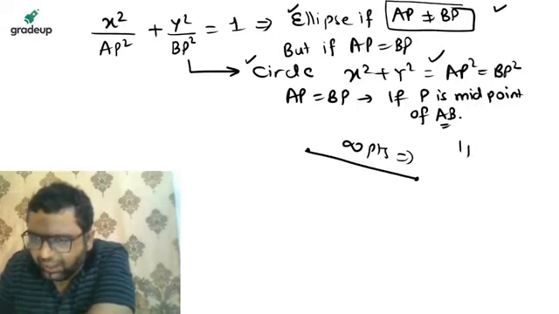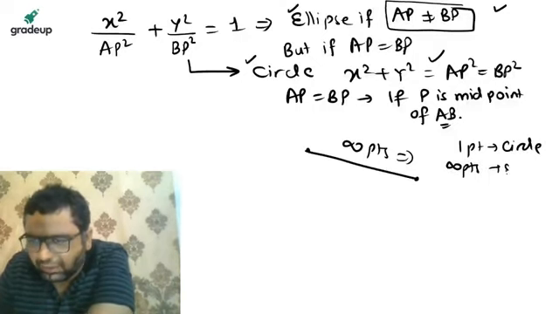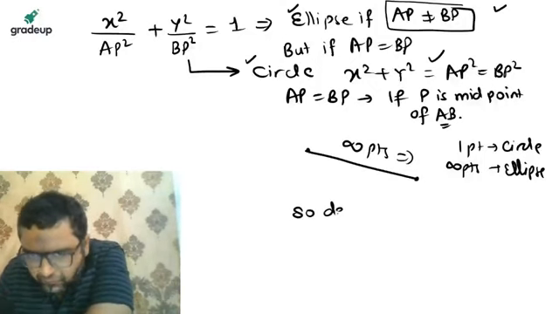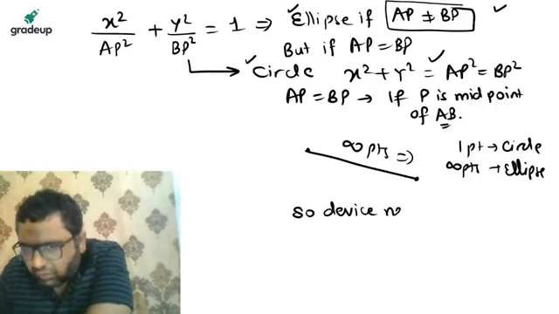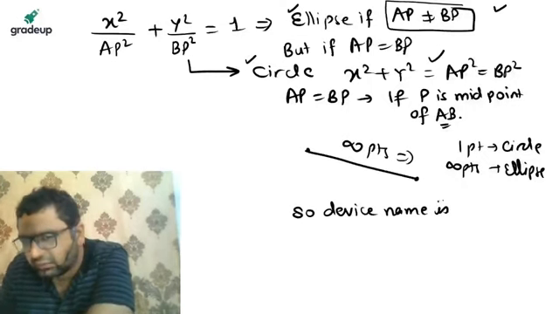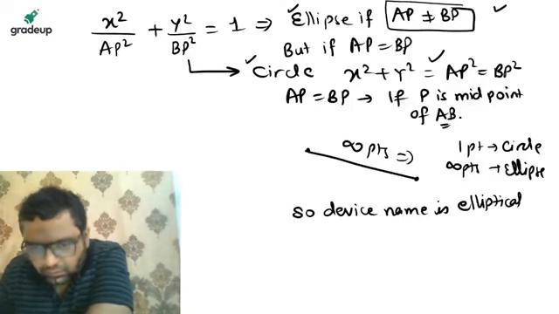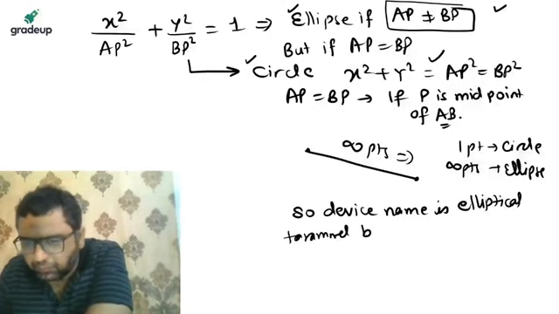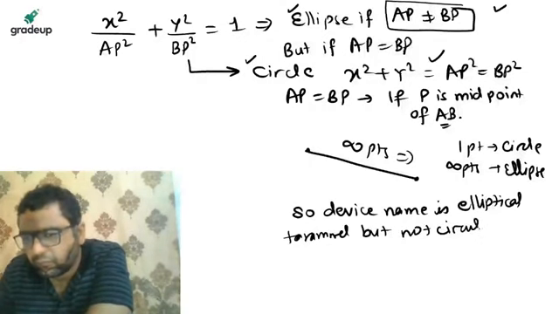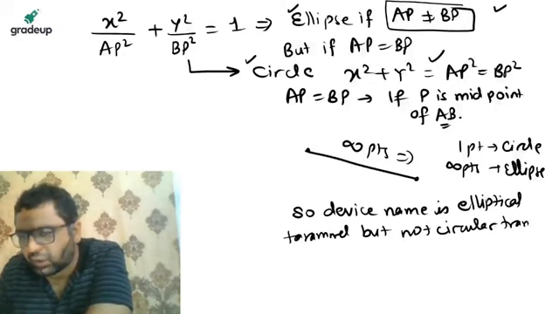Out of infinite points, one point is going to give you a circle. The rest of the infinite points are going to give you an ellipse. So the device name is elliptical trammel, but not circular trammel.